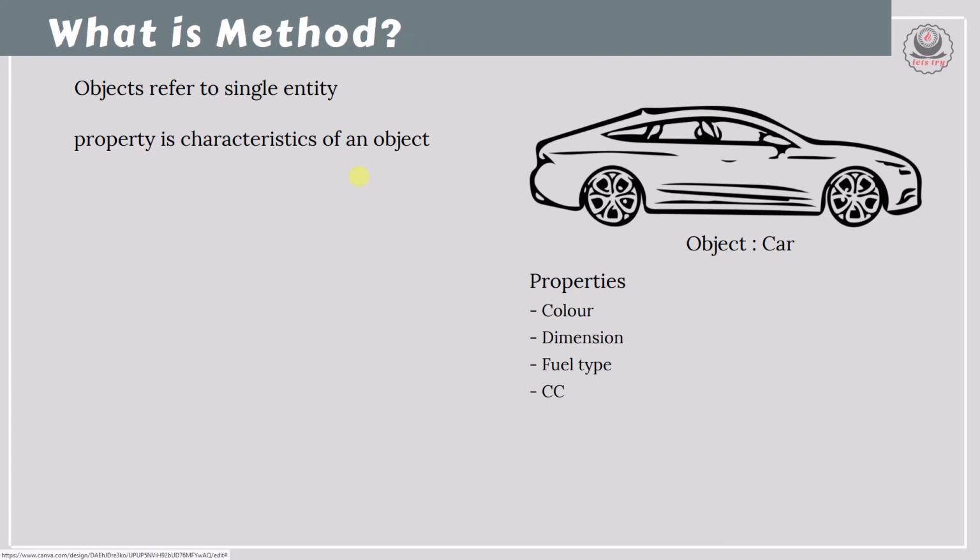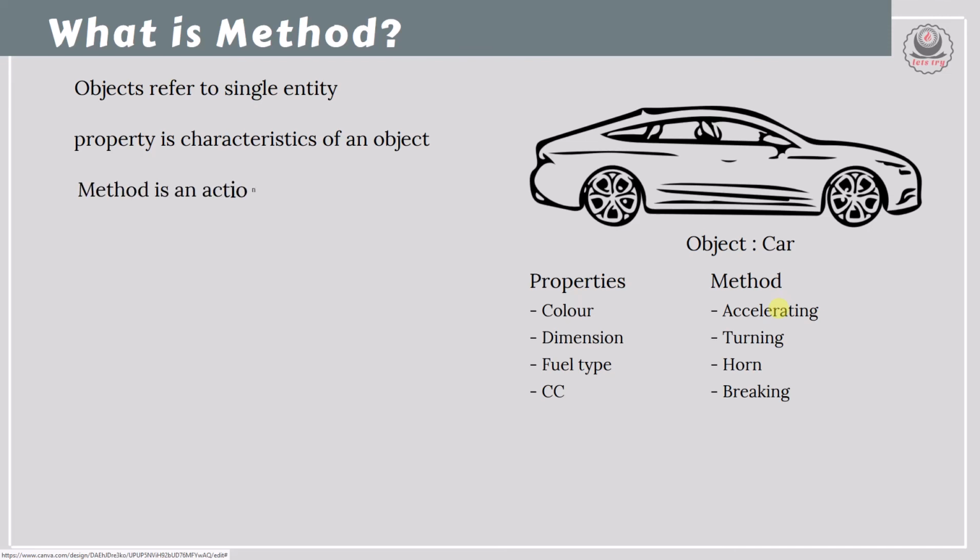Then we'll discuss methods. A method is an action done by an object. We'll understand the methods for this car. Accelerating is a method. It is moving the car. If you press the accelerator, it will move faster. So it's an action, and this is called a method. Turning is a method, left turning or right turning; this is the action. Honking, then braking, these are the methods because these are actions.